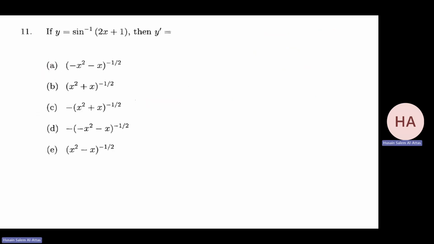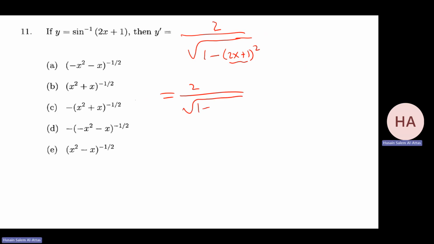y equals cosine inverse of 2x plus 1, find y prime. Y prime will be what? Minus 1 over square root of 1 minus u squared, times the derivative of this, times 2. So that will be 2 over square root of what? 1 minus, this one is what? 4x squared plus 4x plus 1.